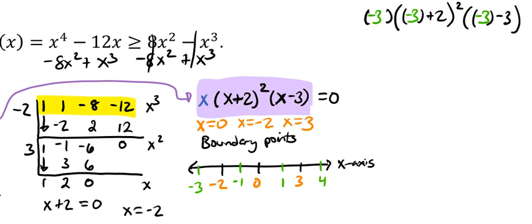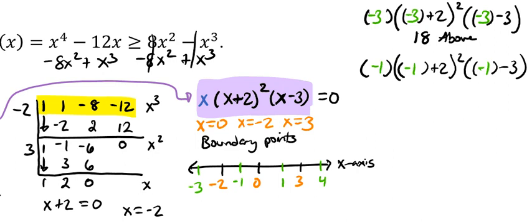And when we plug that into the calculator, we see that that's going to give us an 18, which is going to be above 0, or above our x-axis. So now we're going to do the same thing for the -1, 1, and 4, and see what we get.